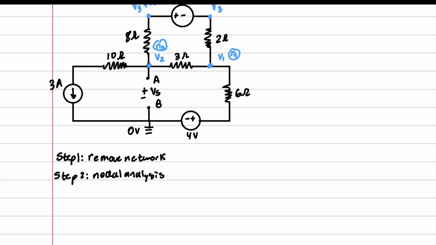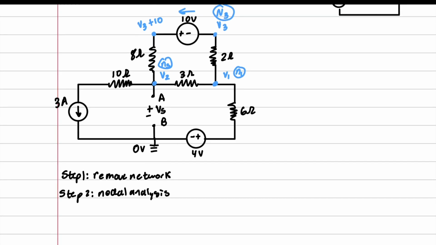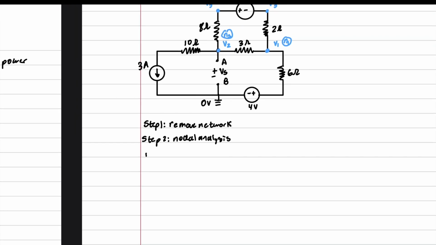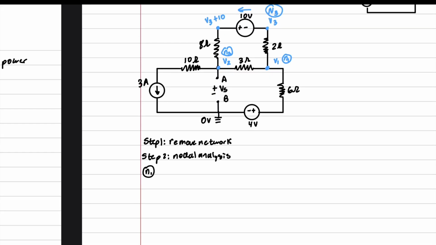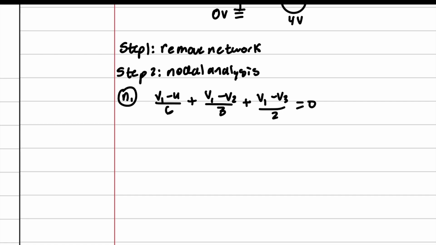Hopefully by now you know the drill. We're going to do N1. And N1 is simply going to be V1 minus 4 over 6 plus V1 minus V2 over 3 plus V1 minus V3 over 2 equals 0. And then we're going to go ahead and simplify it out.